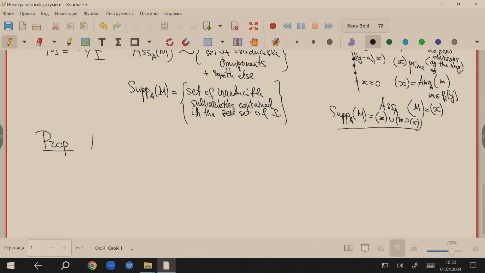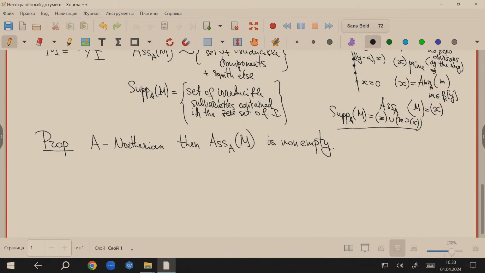Suppose A is Noetherian, then the set of associated primes of M is non-empty.